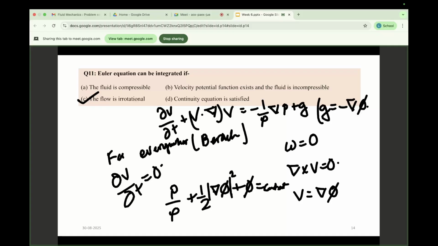That can also be an answer, but we can't say anything about rotationality or irrotationality from the velocity potential function alone.